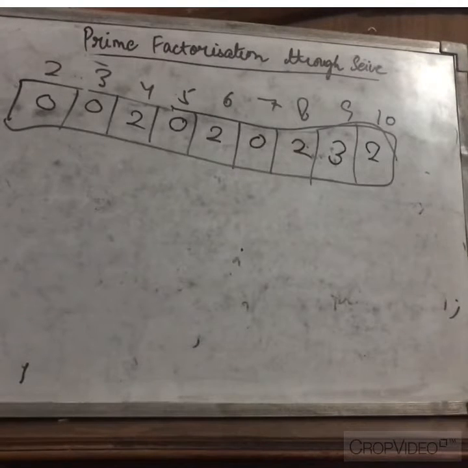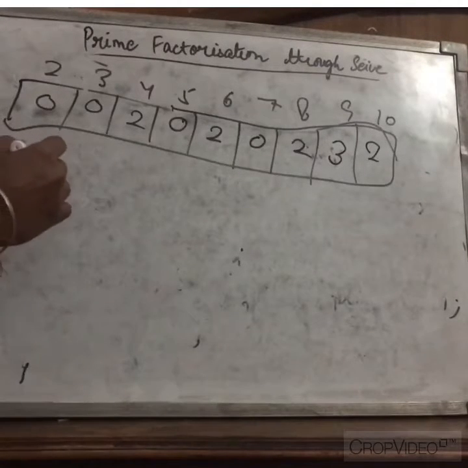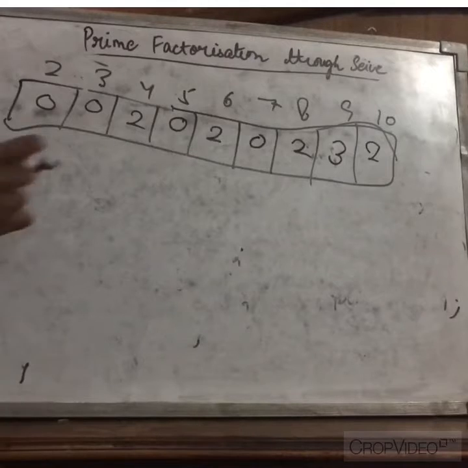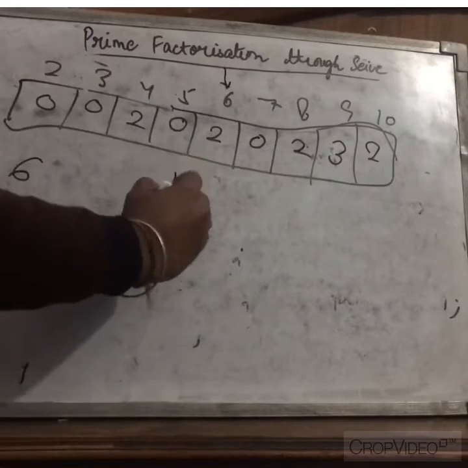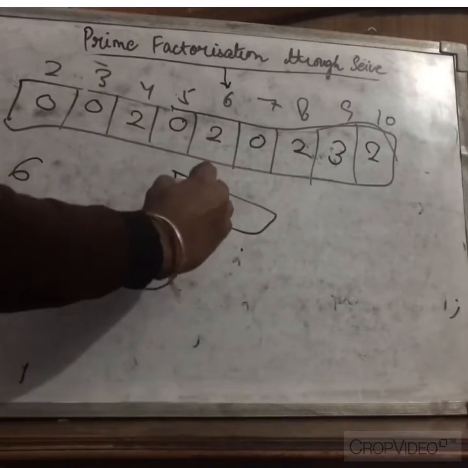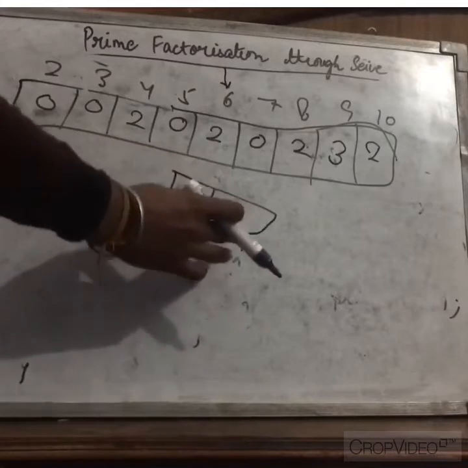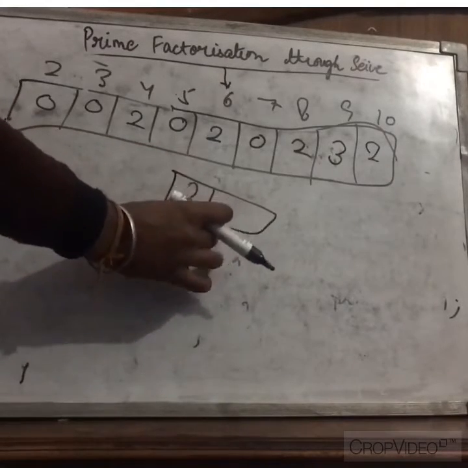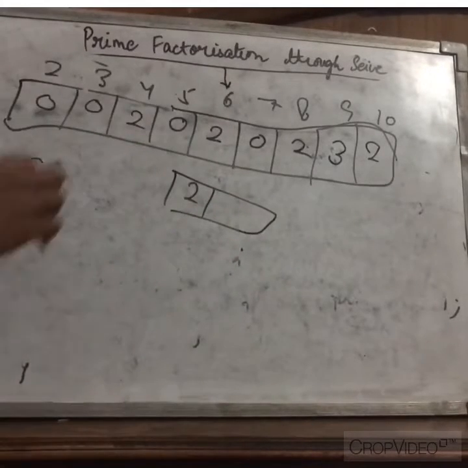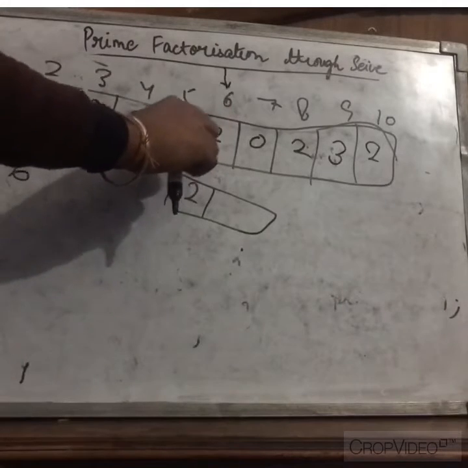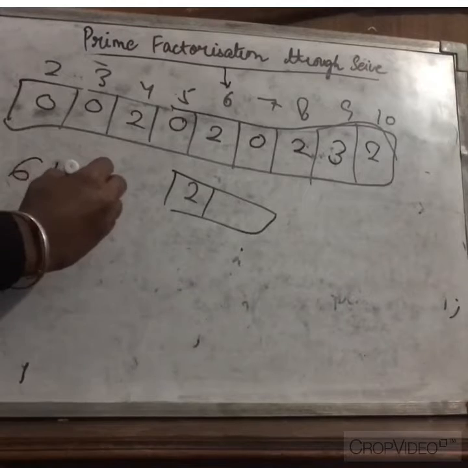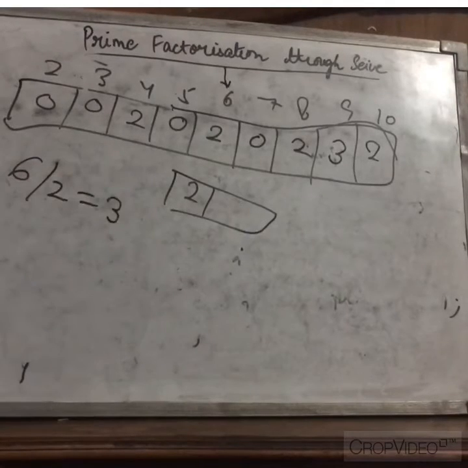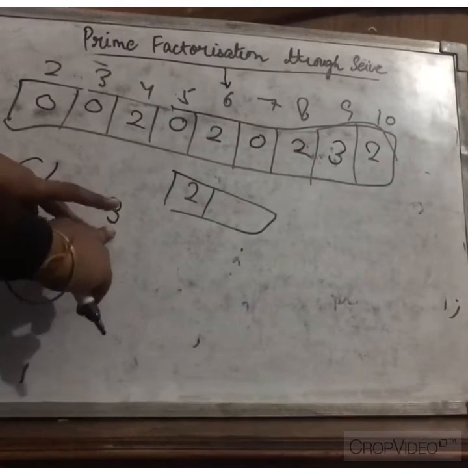For example, if I need to find all the prime factors of 6, I will jump to the 6th index. What is the value stored here? The value stored is 2. I will store this value 2 in an array, which stores all the prime factors of 6. Then I divide 6 by 2 and get 3.